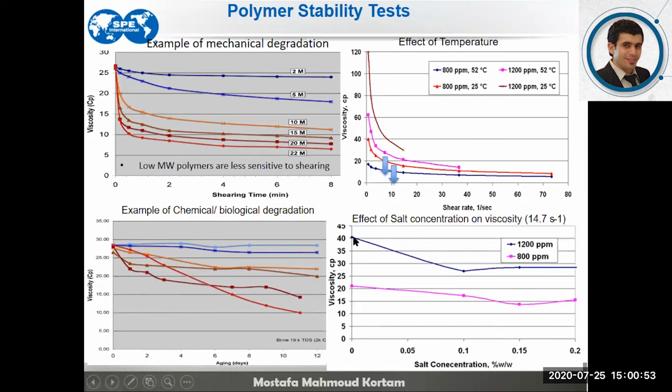So here is a chart. On this curve with 1200 ppm, with increasing concentration, we observed a reduction in the viscosity. The same took place in the case of 800 ppm.